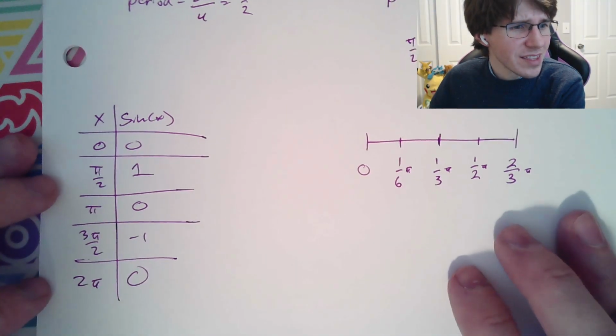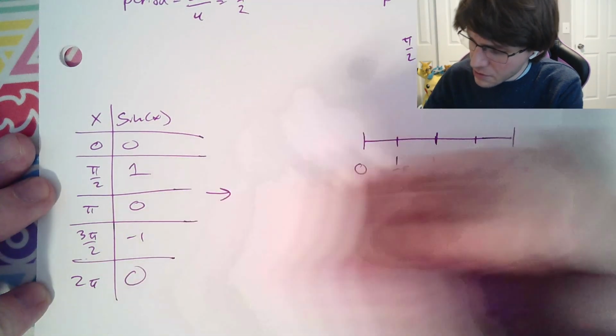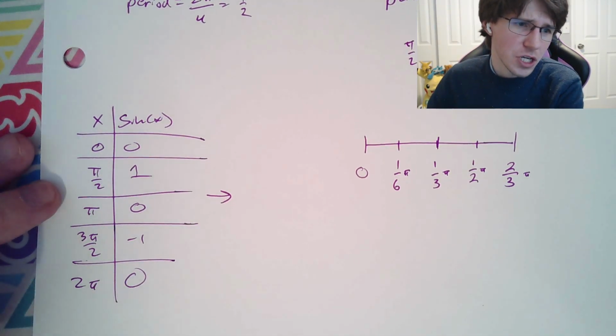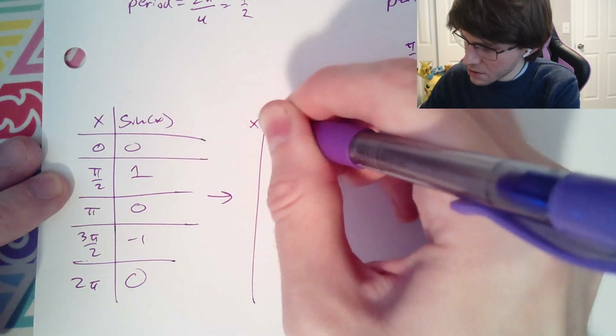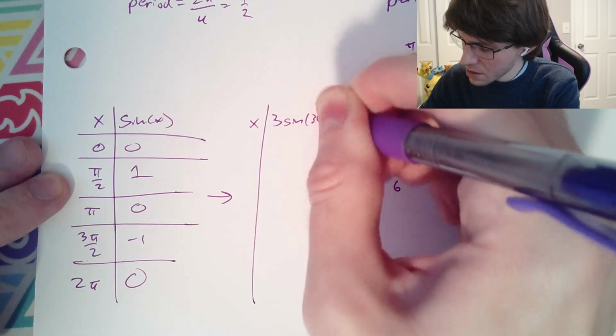So if you're trying to do it in this way, and you're going to convert it into a new function here, in this one, we have x and 3 sine of 3 theta.